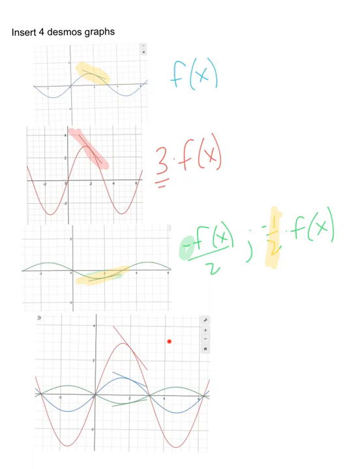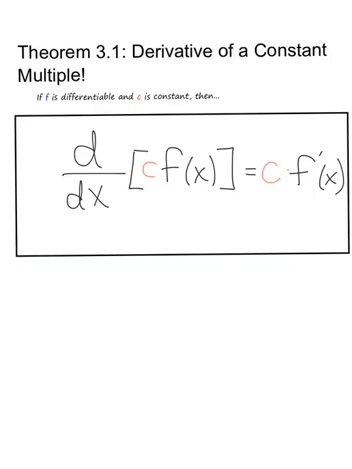Below here, I just have all 3 of them being compared. So if we look at this one as our kind of starting function, we can multiply it by 3 and get a steeper derivative, but it's still just 3 times the original. And then same thing here, we could flip it with a negative and decrease the steepness by 1/2. So in other words, if we have a constant multiplier in front of a function, we can pull that constant out and it becomes a multiplier in front of the derivative.